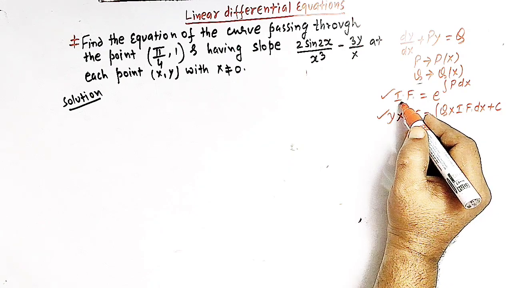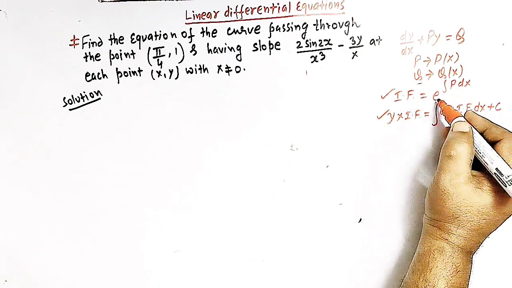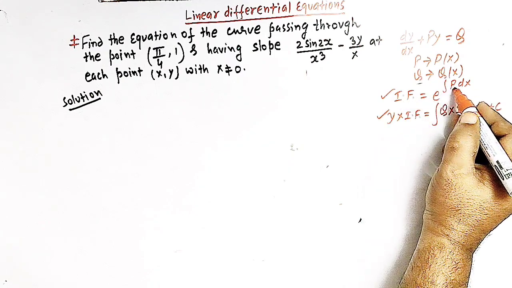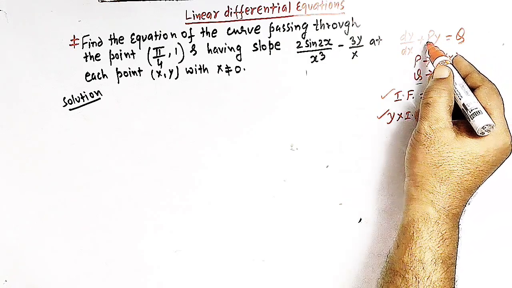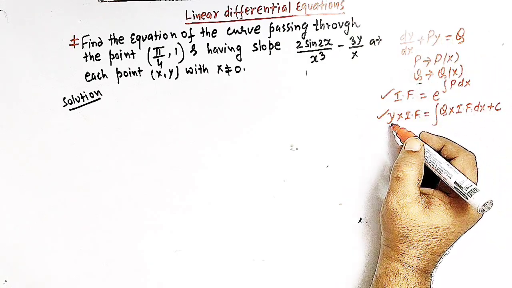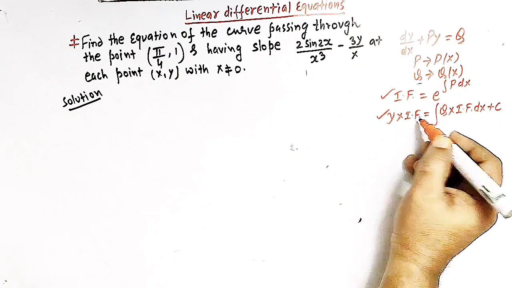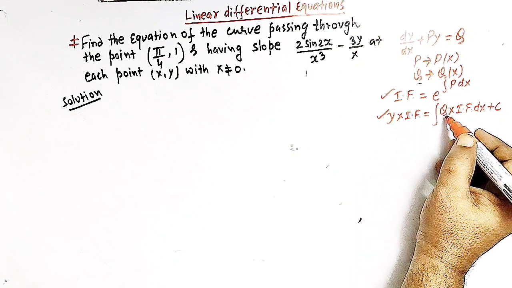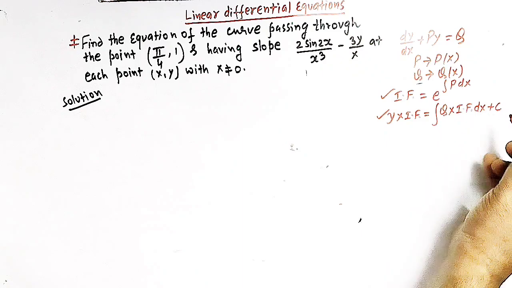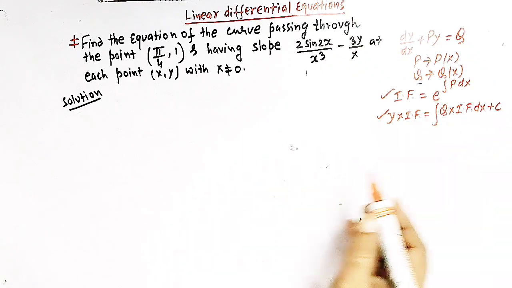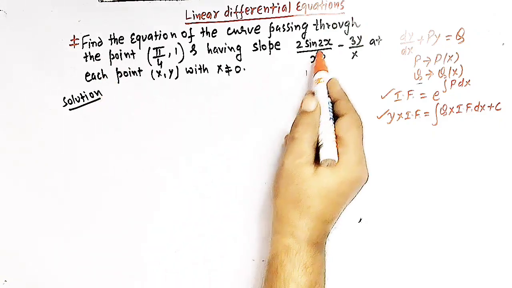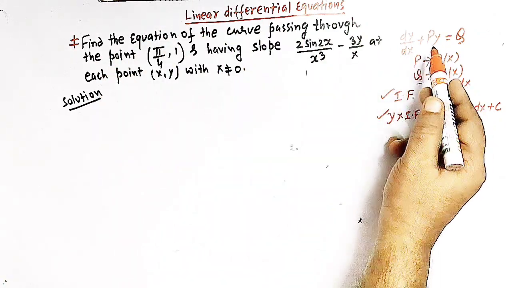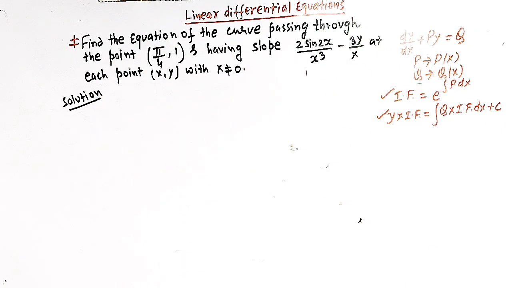First we have to find out the integrating factor, which is equal to e raised to integral p dx, and then the solution of this equation is given by y times integrating factor is equal to the integral q times integrating factor plus c, right? So let us see how we can transform this problem into this type of linear differential equation.